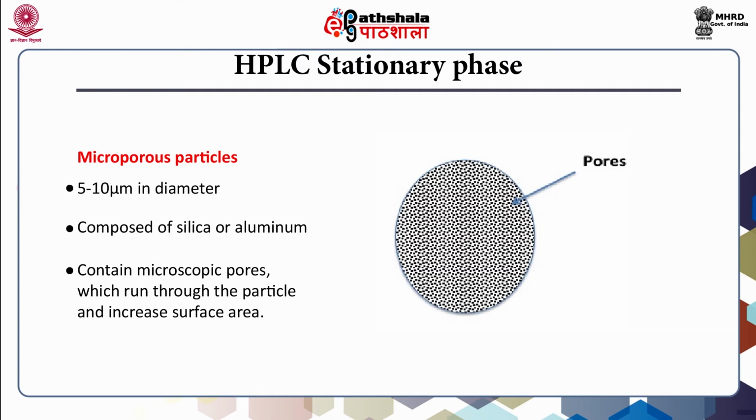This is very important in case of microporous particles. These microscopic pores run through the particle. Because of that, the surface area for the interaction between the mobile phase, stationary phase, and also the sample components will be high. That is why with these particles, the separation will be efficient.